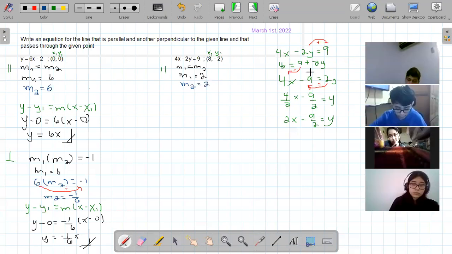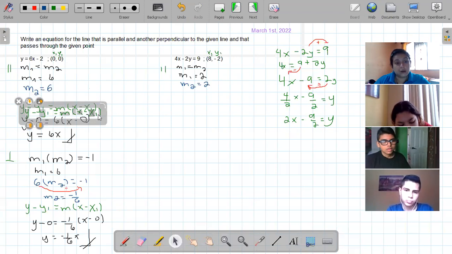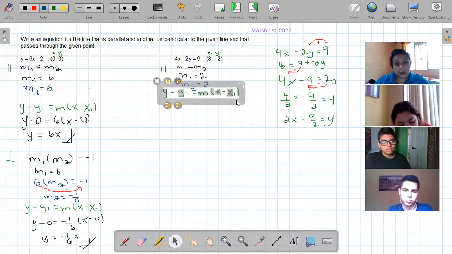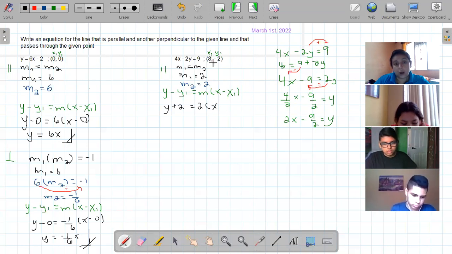Now we can rewrite and find our equation in point slope form. And since I know already my formula, I just need to substitute. I already identify x1, y1, so I can say y, this is negative, so I'm placing it positive 2, equals to 2, parenthesis x, and x1 is positive, so we place minus 8.